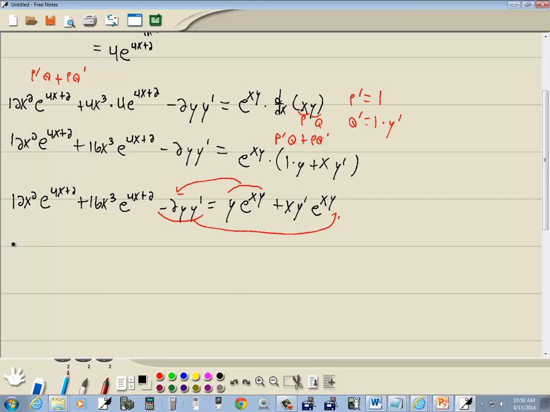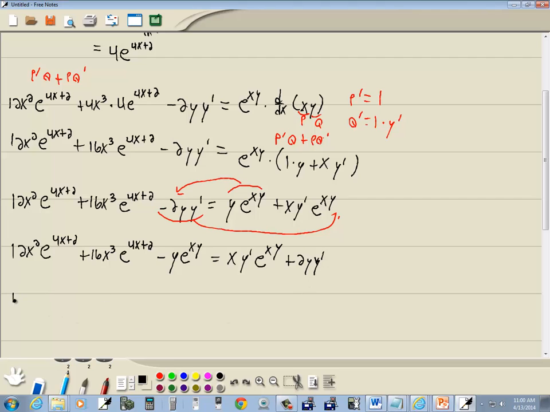So I'm going to have 12x squared e to the 4x plus 2 plus 16x to the third e to the 4x plus 2, the y e to the xy becomes a negative y e to the xy equals x y prime e to the xy. And when I take the negative 2y y prime to the right side it becomes a positive 2y y prime.